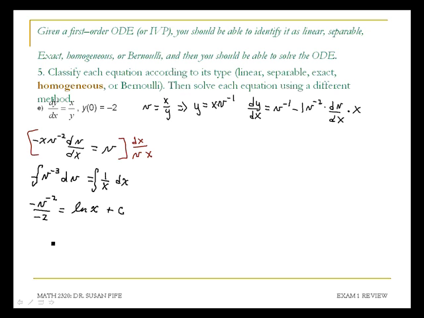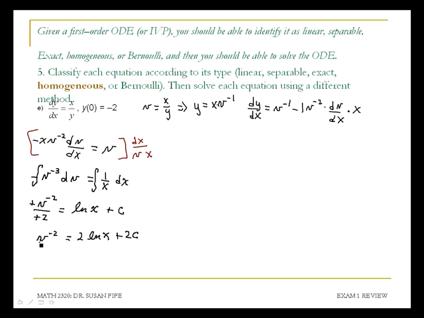And I want to try and simplify this. I'm going to multiply by 2 first, so that I get v to the negative second equals 2 natural log of x plus 2c.